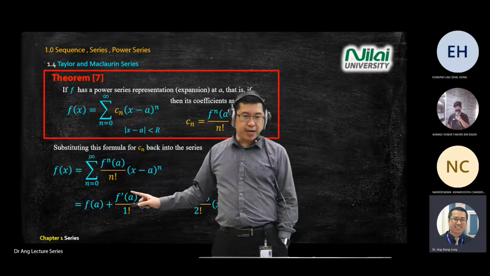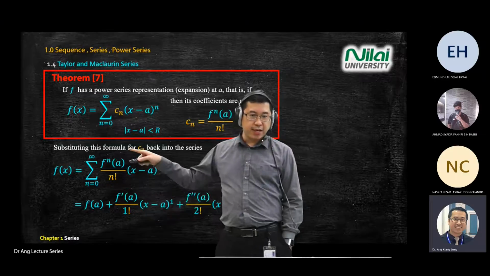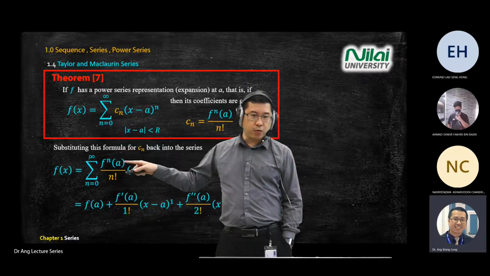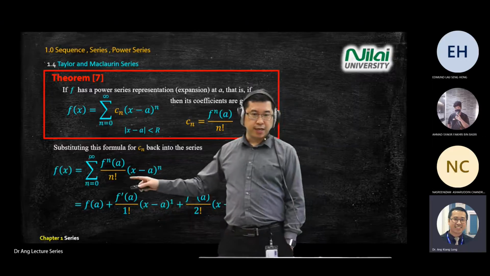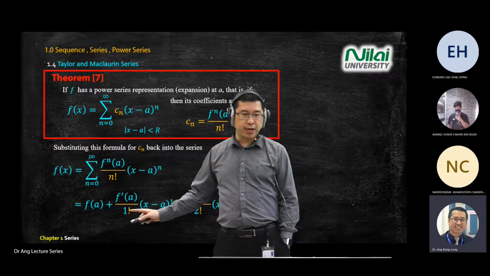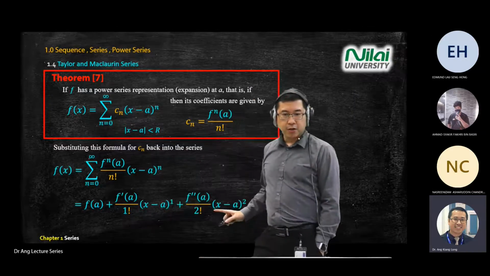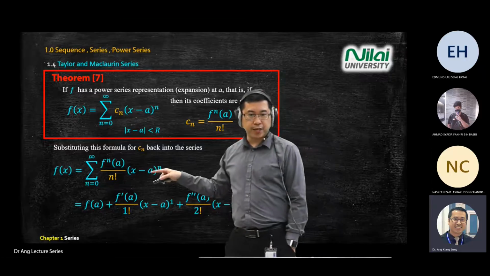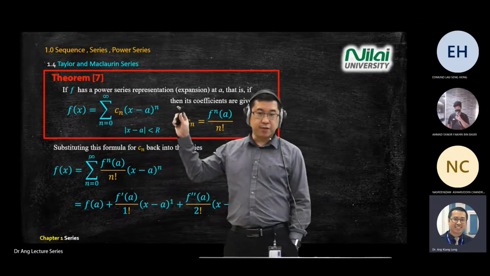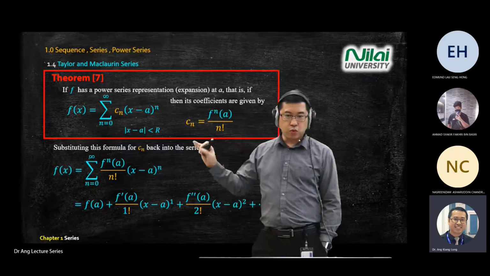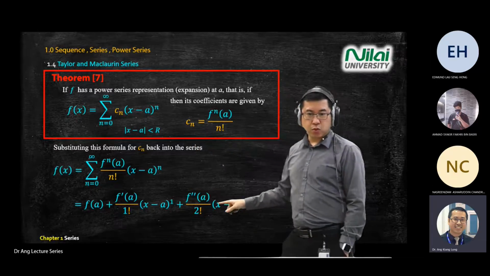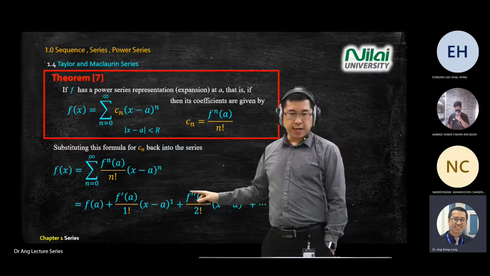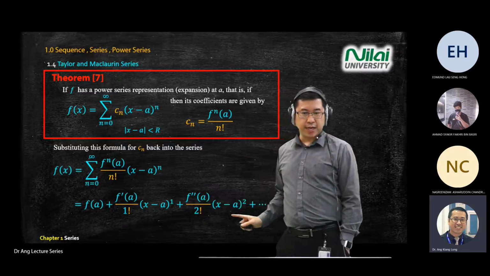Then n becomes 1, and you differentiate one time, you use f prime of a, and then 1 factorial. Continue. If you want to find the third term, because you start with 0, 1, 2, the third term is n equal 2. So 2 factorial, f double prime of a, and so on.